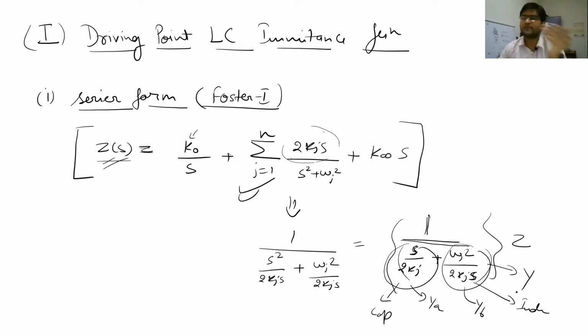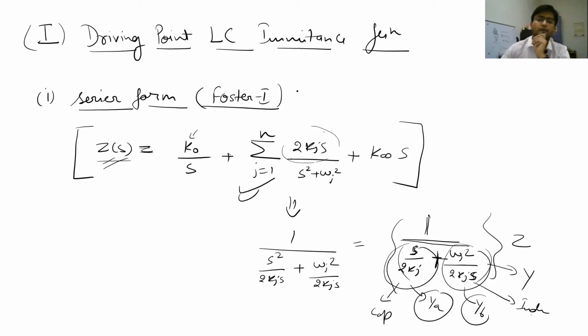And how will these inductor and capacitor be placed in the circuit? Will they be in series or parallel? Since you have two admittances being added, YA and YB, this capacitor and this inductor should be in parallel. I think in the last lecture we have already discussed it.